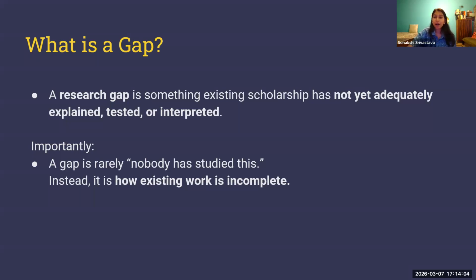Instead, it is how existing work is incomplete. So do not take the pressure of finding out something that no one has studied. In fact, from the existing scholarship, find out what has not yet adequately been explained or tested or interpreted, or how that makes the existing work incomplete.